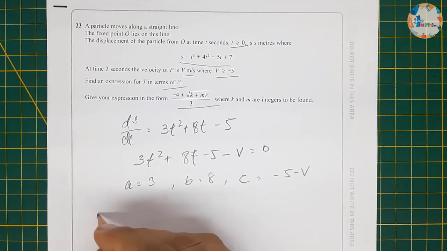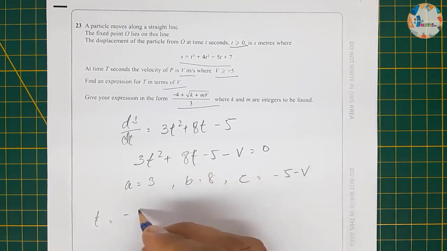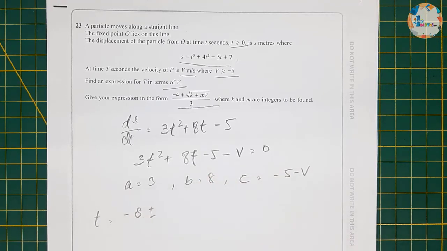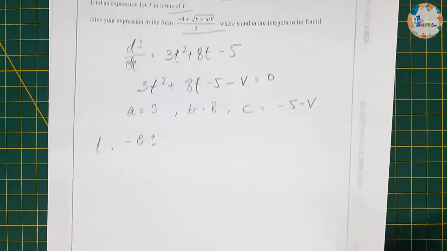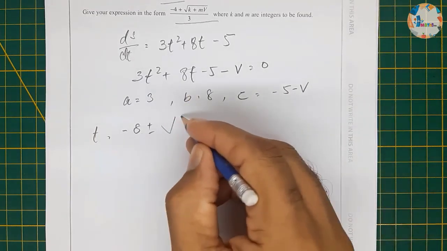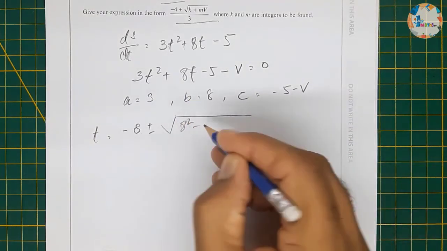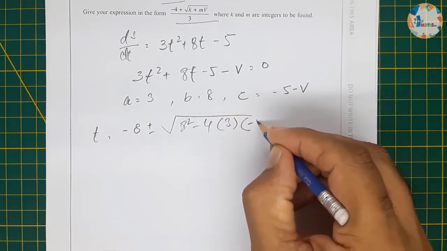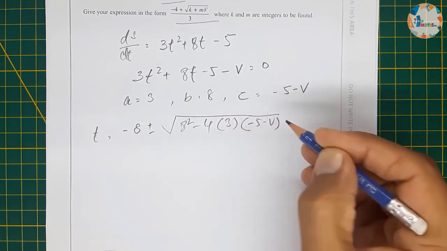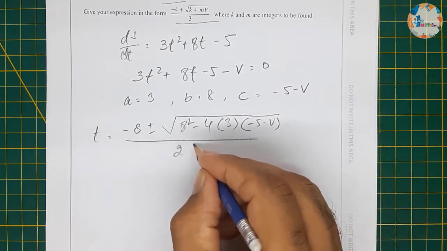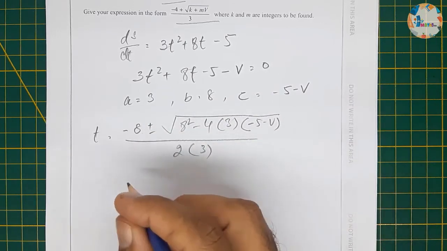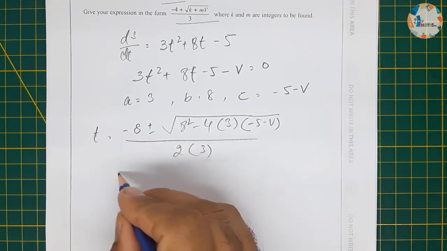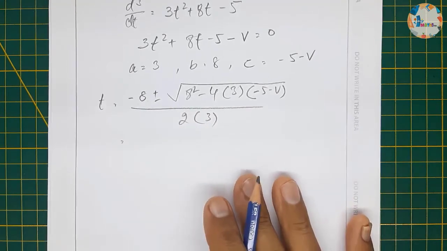So t will be equal to minus b, which is -8, plus or minus the square root of b square, it means 8 square minus 4 into a into c, minus 5 minus v, over 2a. A is 3. So this will be our equation. Then we can simplify this.